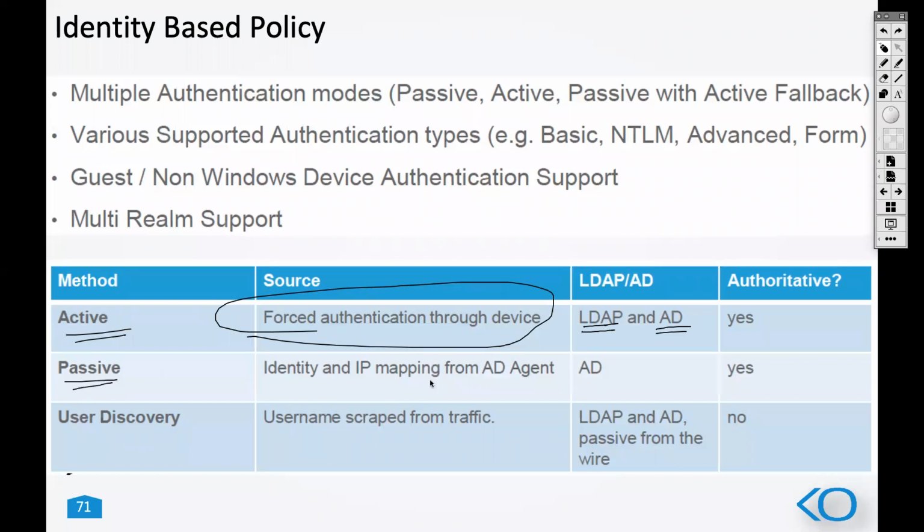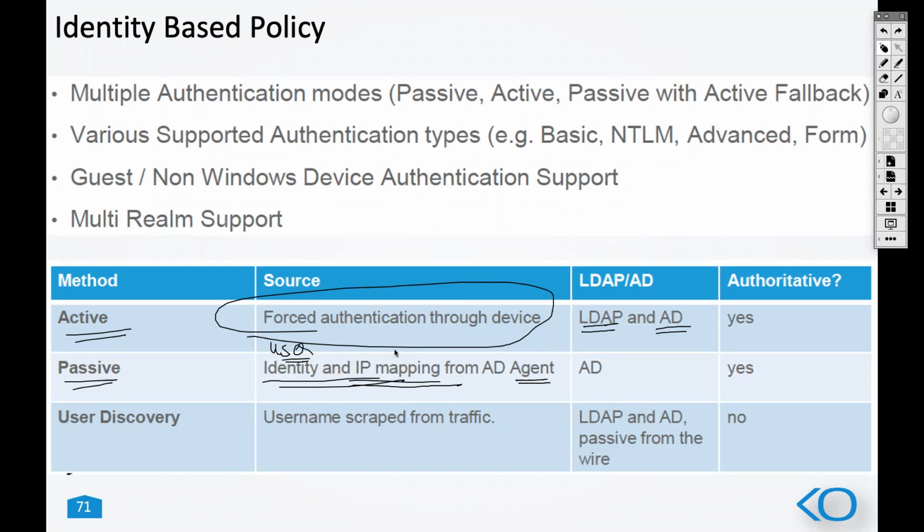Passive authentication is where I'm trying to resolve the user to IP mappings. These mappings are getting resolved through an agent, which means that there is an agent which is running. We will see what the different options of the agent available in Firepower are, but each vendor has its own way of doing this, though they refer to it as the same thing, passive authentication, because passively you are trying to resolve the identity.